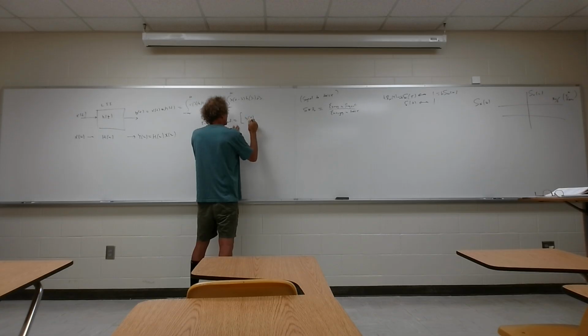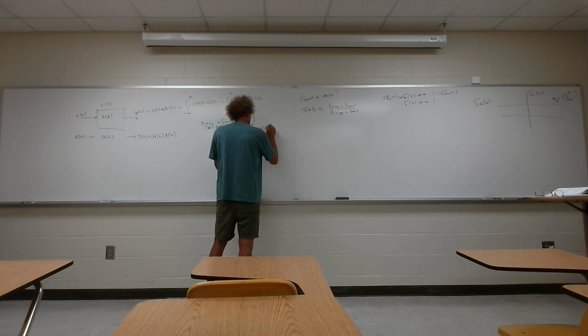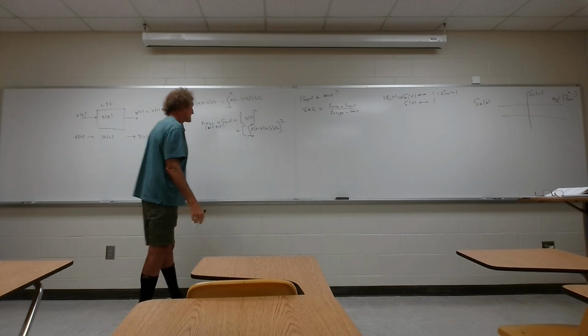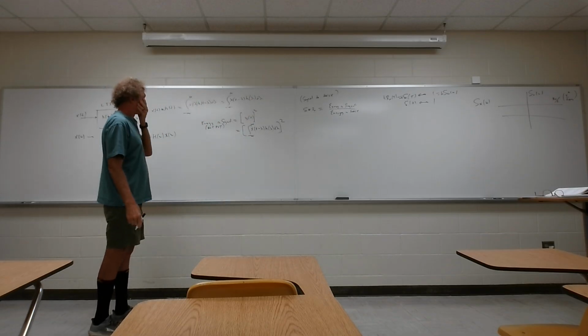This would be the energy at t, by the way, so I should put it this way, squared, or it would be equal to the integral from minus infinity to infinity of x of t minus lambda times h of lambda d lambda squared. That's the energy in the signal, and the only thing you're doing is taking the output value.